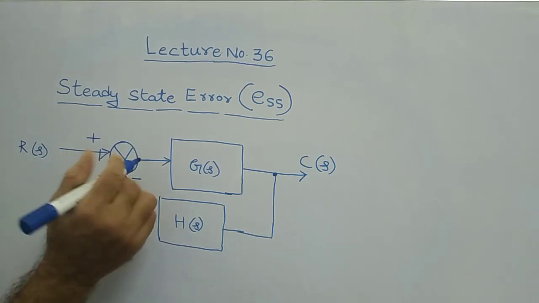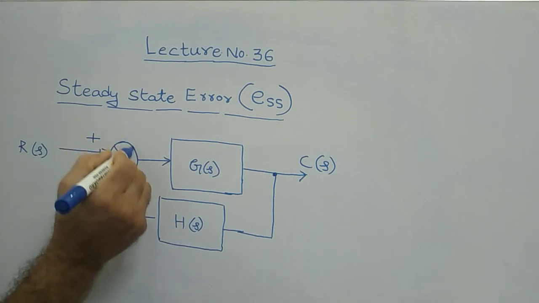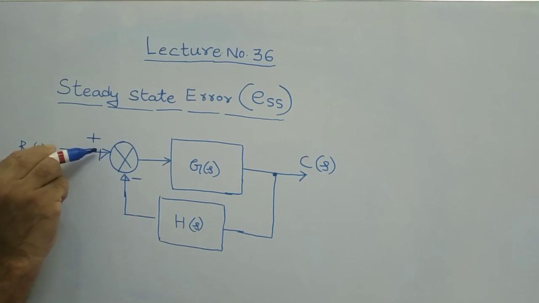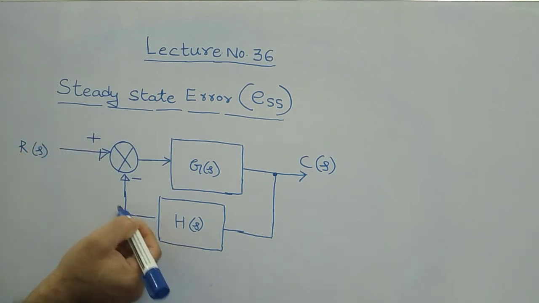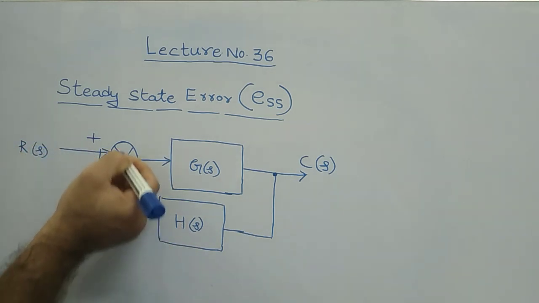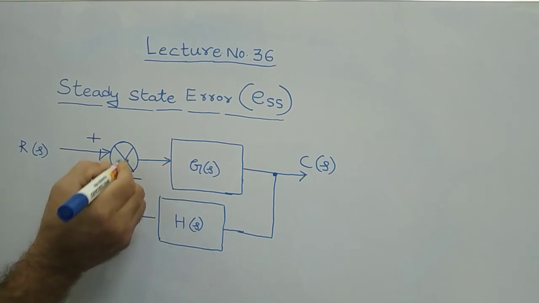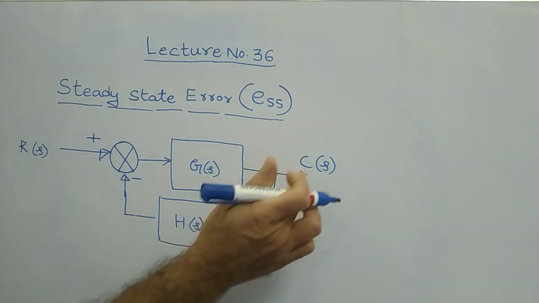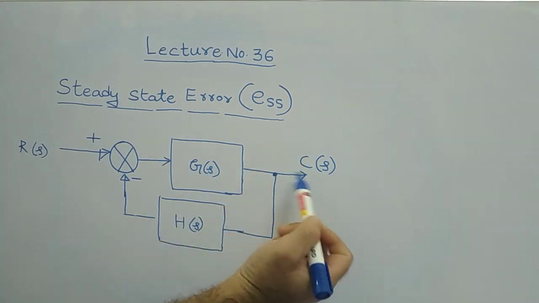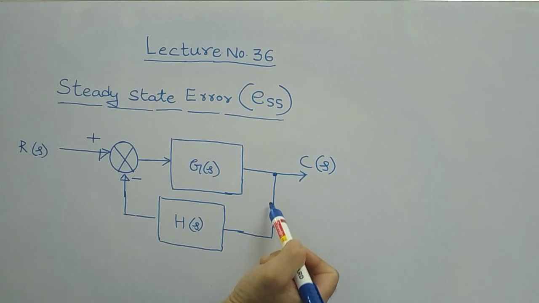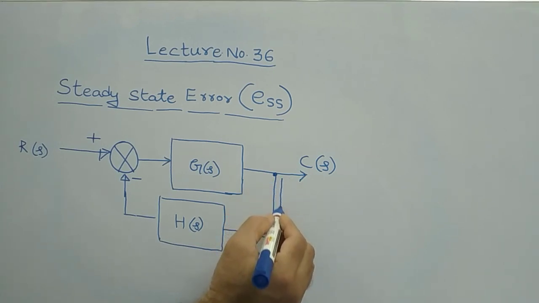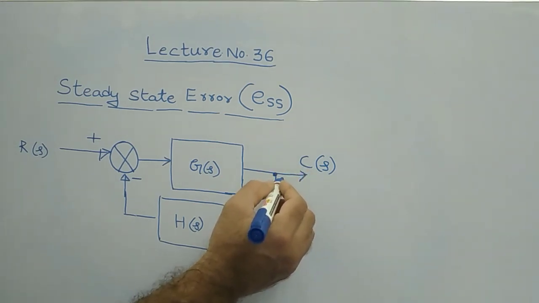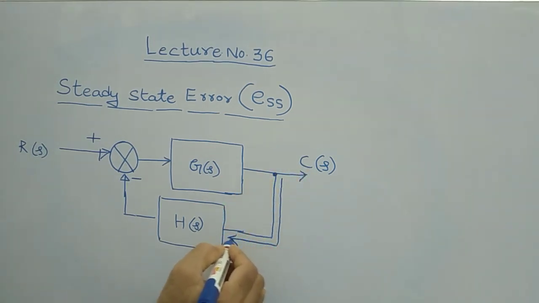So at this summing point, the input R of S as well as this H of S path are going to this point. The part of the output fed back is C of S.